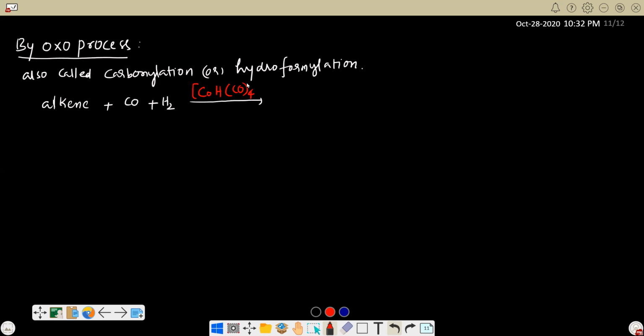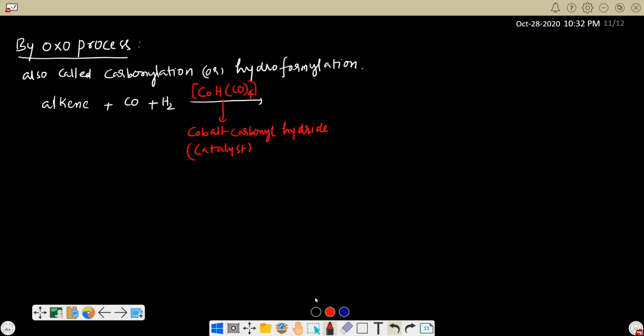So this catalyst name is cobalt carbonyl hydride. And it is a complex mechanism. The mechanism is not required.